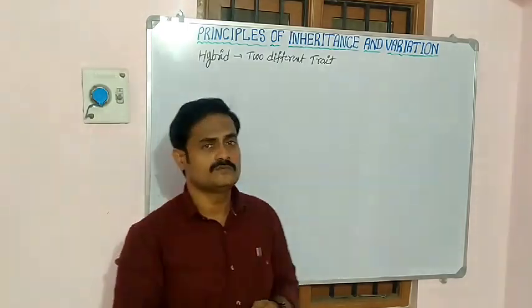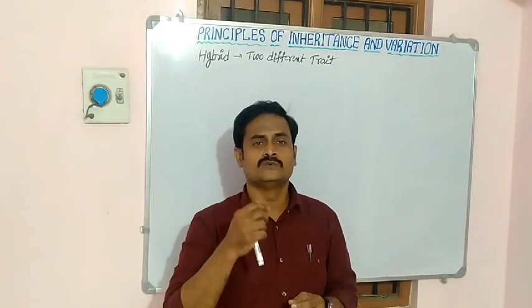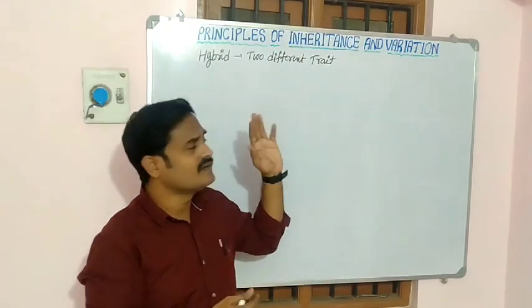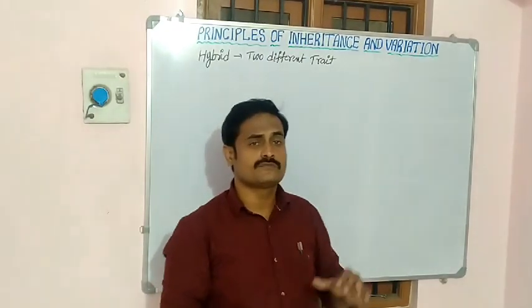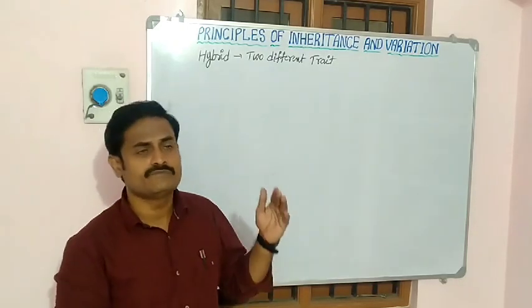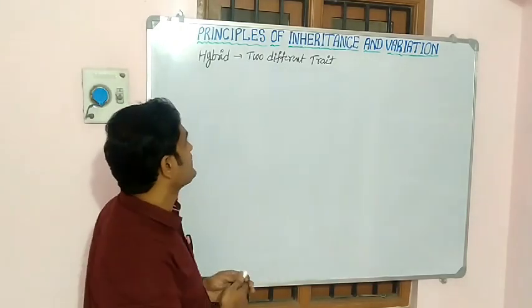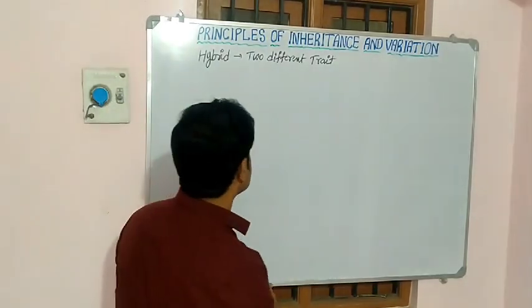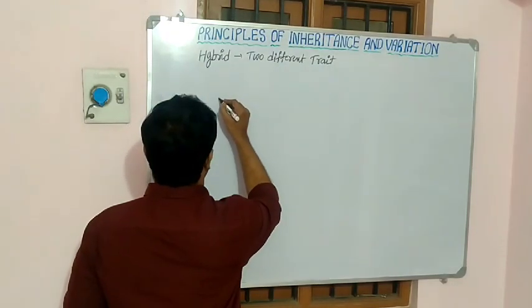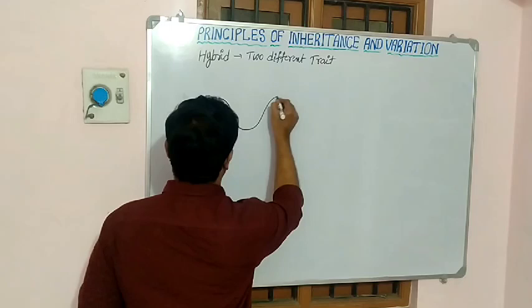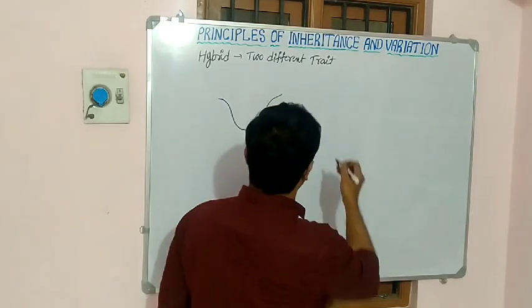So how do we make heterozygous plants? What kind of experiments were done by Mendel? See here, Mendel chose, suppose, two plants with flowers. I will draw here.